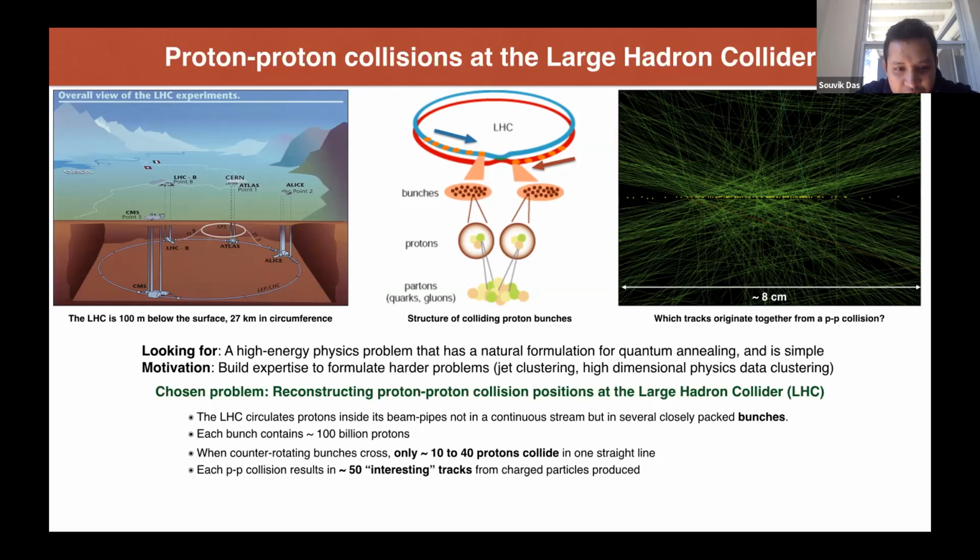Each of these proton collisions results in about 50 or more interesting tracks, which are charged particles from that point. The question is, which tracks came from which PP collision along that one-dimensional line, and where are these PP collisions in a given bunch? That's the formulation of what primary vertexing is.